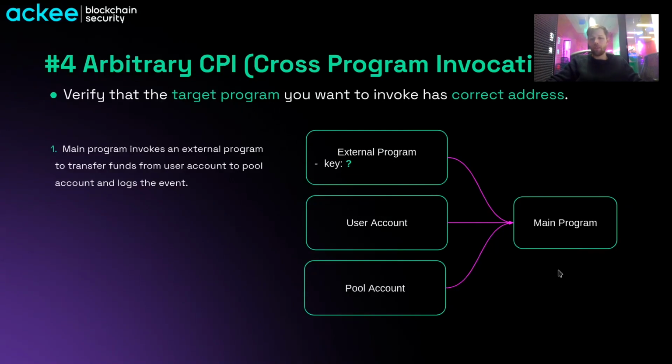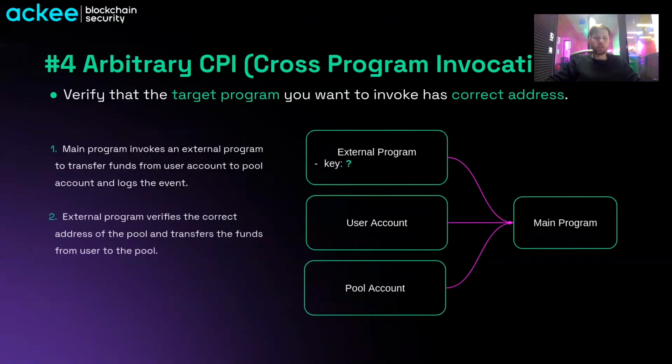The main program calls the external program, and once the external program successfully finishes its execution, the main program will log that the user, for example, deposited some amount to the pool account. And again, for some reason, it's only the external program that verifies the correctness of the pool account address.